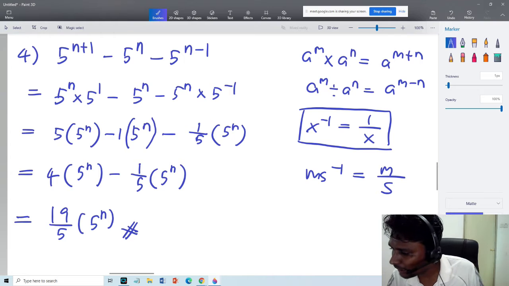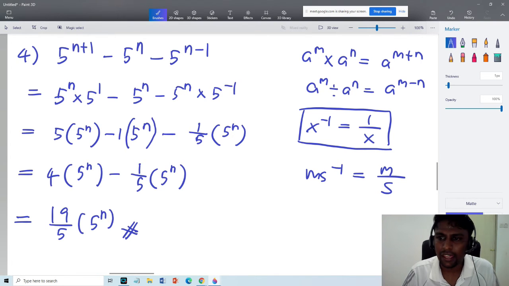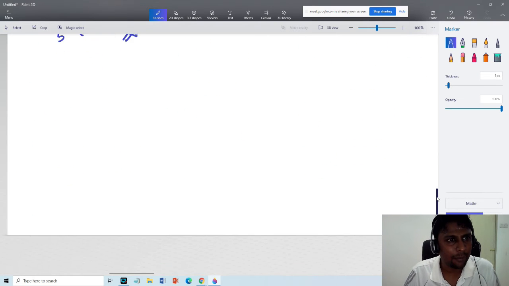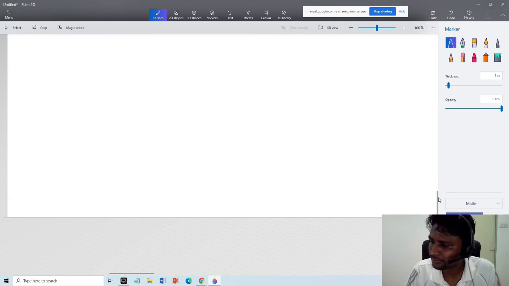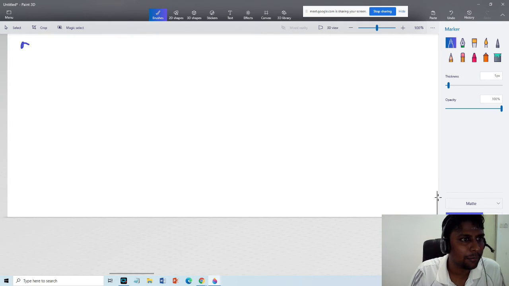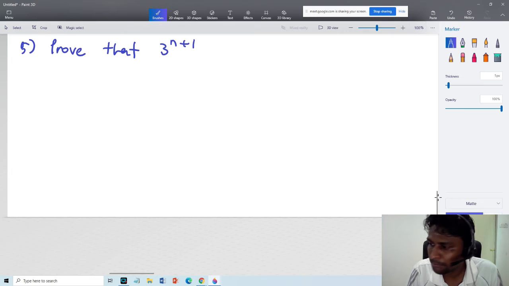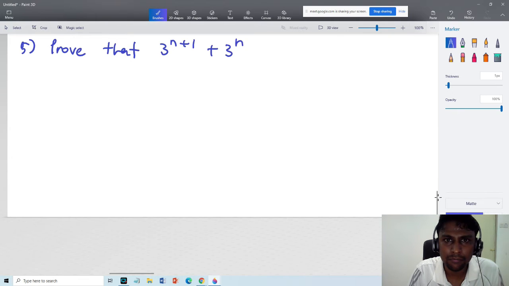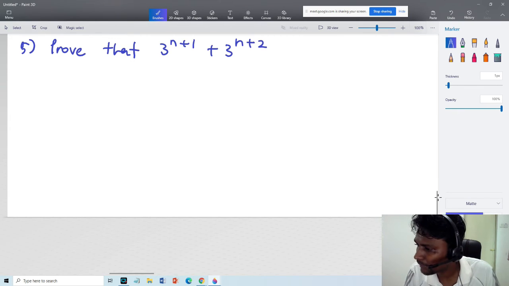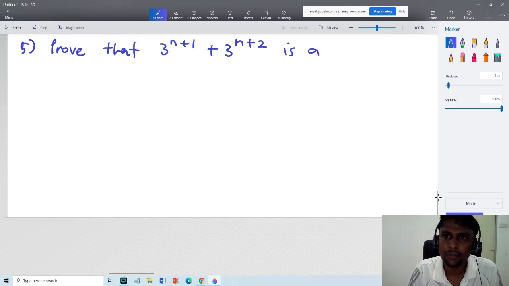Next I'll give you this. Copy the question. Okay, number 5. Prove that 3^(n+1) plus 3^(n+2) is a multiple of 4.